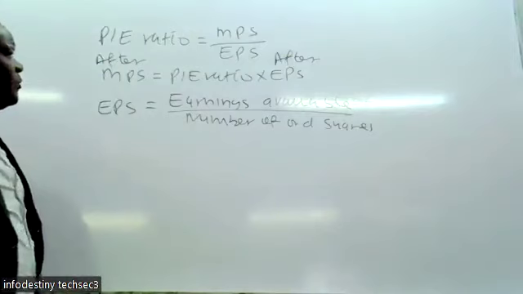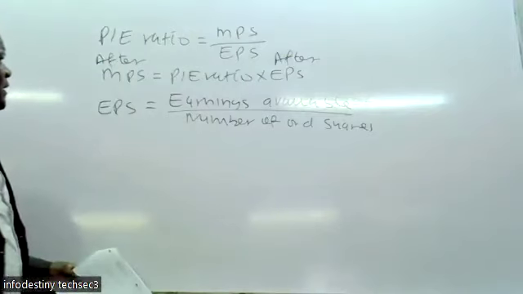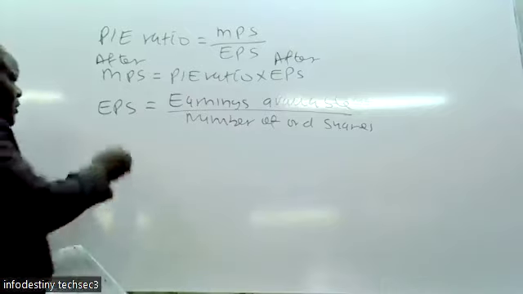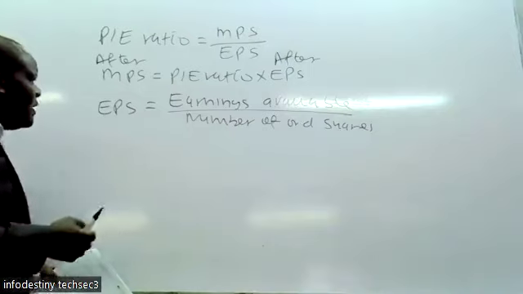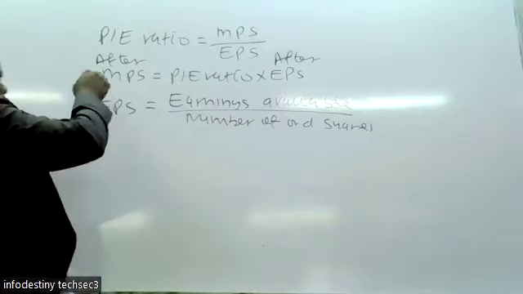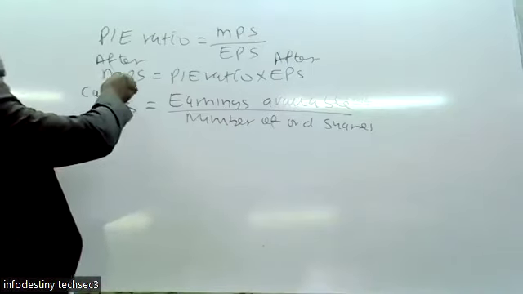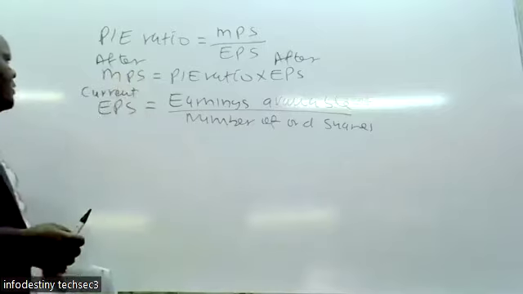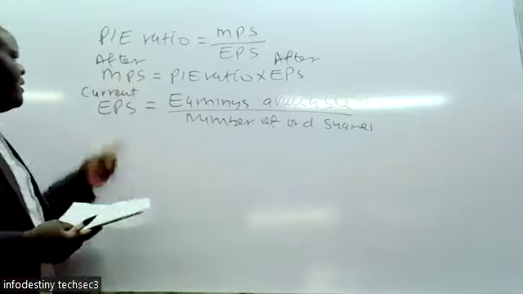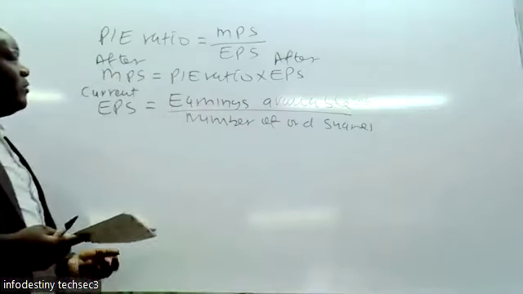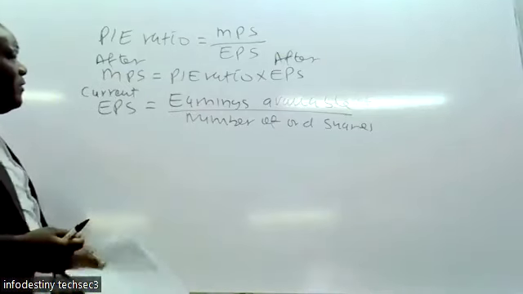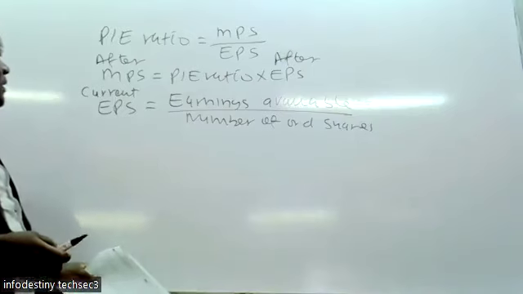So we need to get the current earning per share. To get the current earning per share, we simply take the earnings available and divide by the number of the ordinary shares.